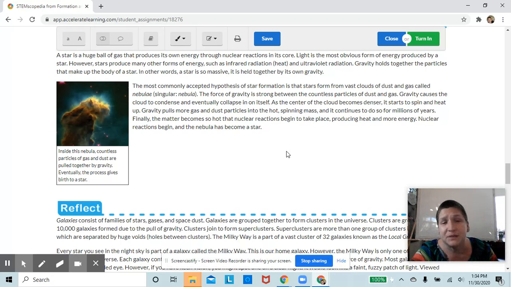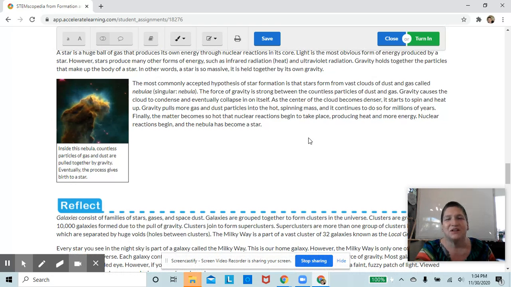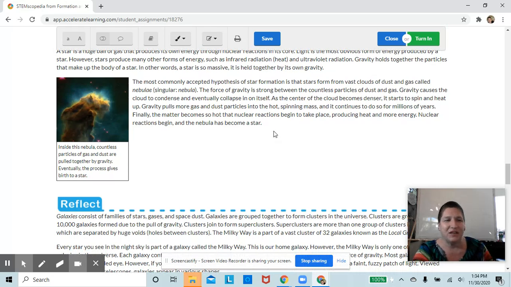The most commonly accepted hypothesis of star formation is that stars form from vast clouds of dust and gas called a nebula, or nebulae if there's more than one. The force of gravity is strong between the countless particles of dust and gas, and gravity causes the cloud to condense and eventually collapse upon itself. As the center of the cloud becomes denser, it starts to spin and heat up.